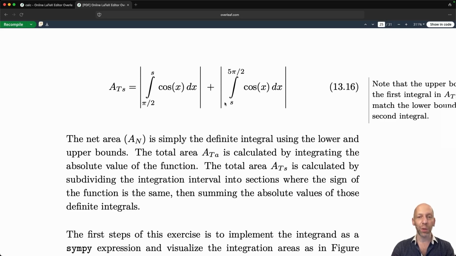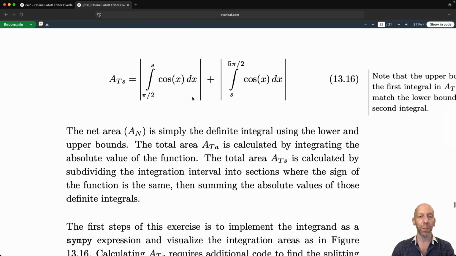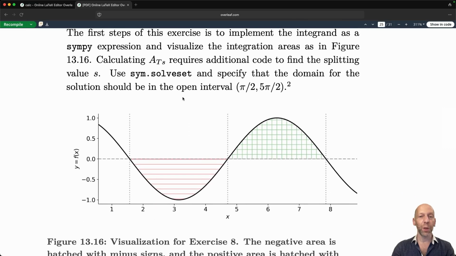But what I want you to do is learn more about SymPy and basically figure out how to get this expression in SymPy. So I want you to use sym.solveset. This is a function we've used sometimes. More often we use sym.solve because the output is just a little bit easier to work with.